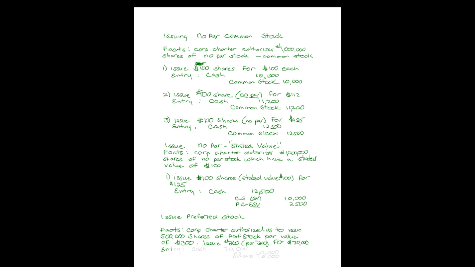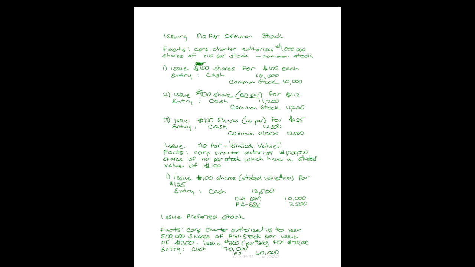Well, we need to make our entry, and we need to make it fit on this page. Our cash is going to be $70,000. That's easy. And into preferred stock, we can only put the par value. 200 shares times $300 par value per share means we're going to put $60,000 in preferred stock.